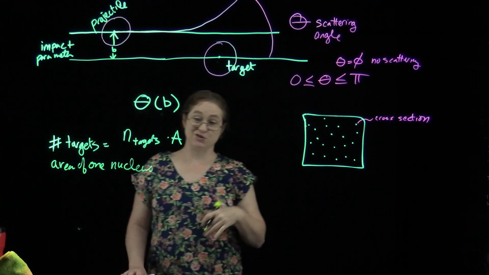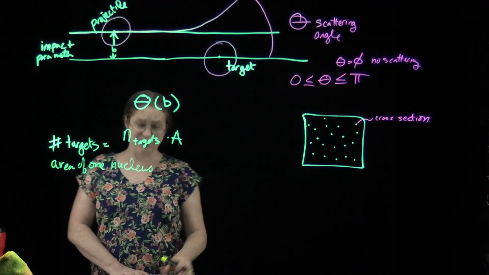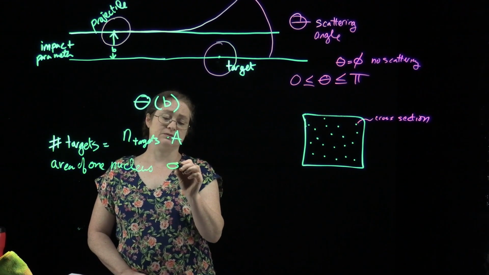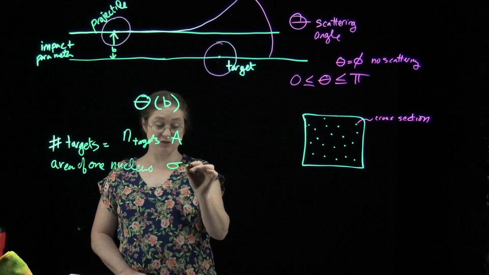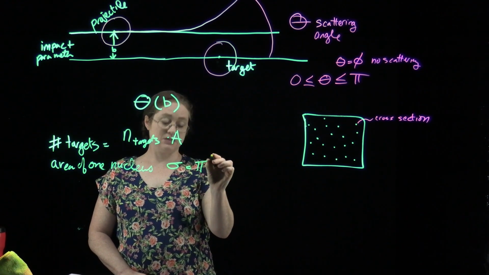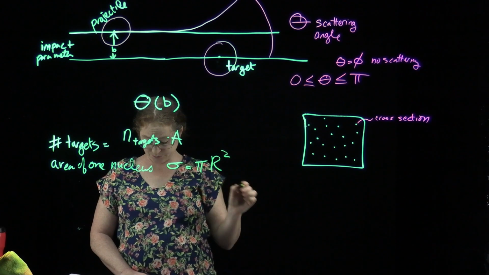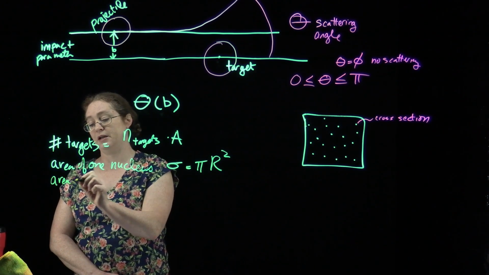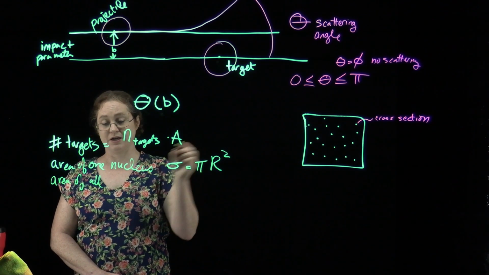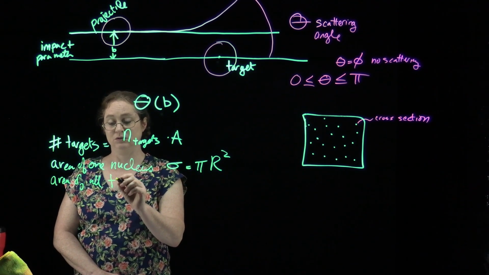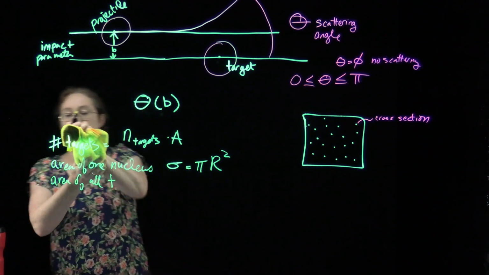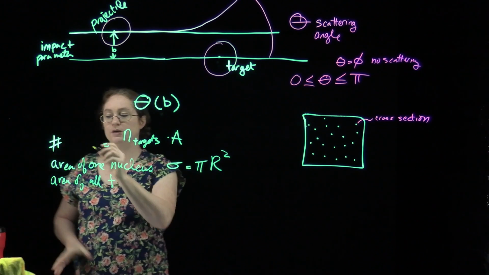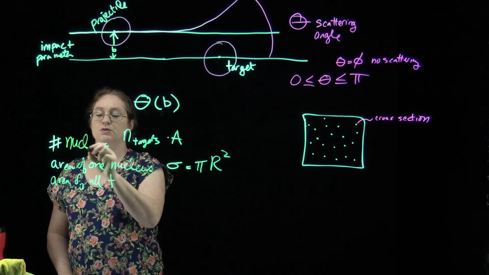Now, the book doesn't describe it as explicitly for nuclei, but I think it helps to have a picture in your head. Here we're imagining them to be little solid spheres. Pi times the radius squared. And the area of all targets in the foil. Let me be explicit here. We will just imagine that we're talking only about nuclei.